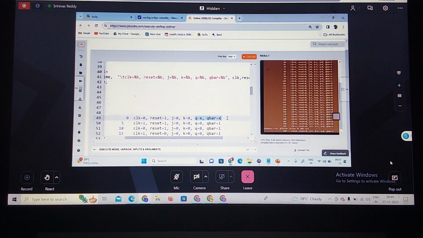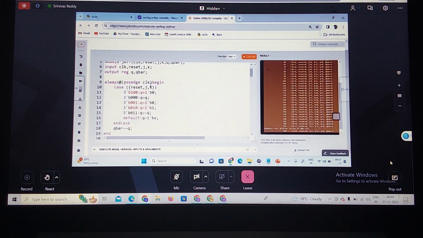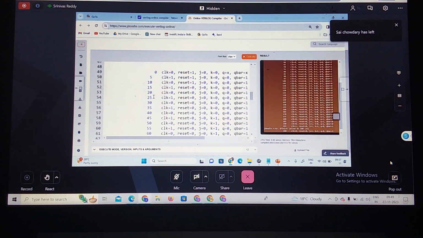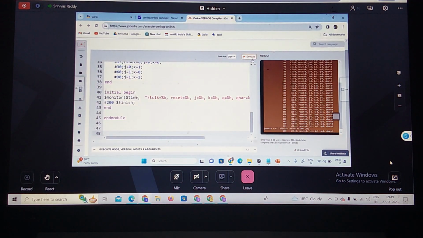Unknown state. So I have not initialized anything to Q and Q bar. Now let us initialize this: Q is equal to 1'b0 and Q bar is equal to 1'b1. Now let us remove this and run this.